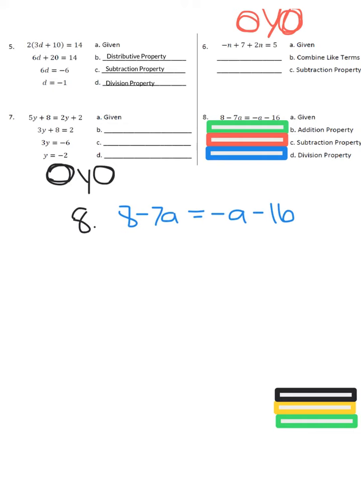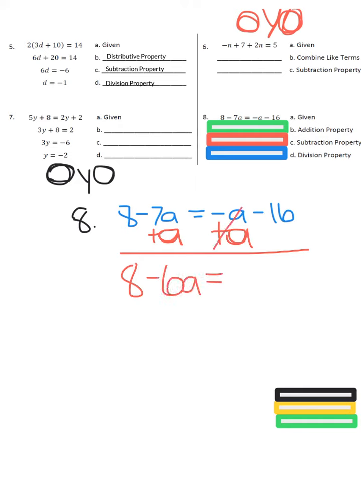But in order for me to get my variables together, notice I'm not going to call it combine like terms, okay, because we're moving across an equal sign. So we're going to add. So I am actually going to add the single a, so the 1a, to both sides. And when I do that, I end up with 8 minus 6a equals negative 16. Okay, so that's my addition property.